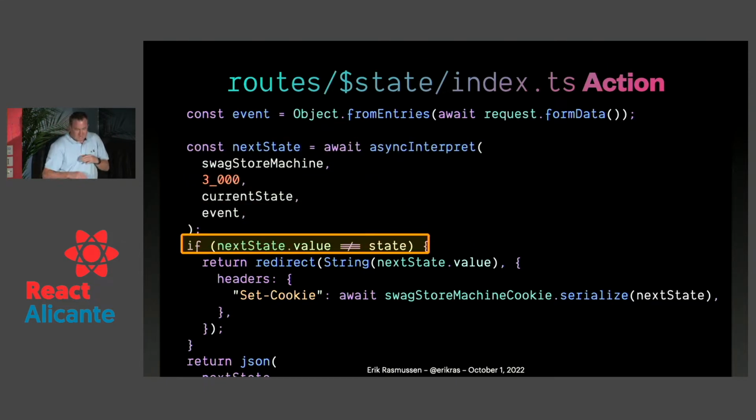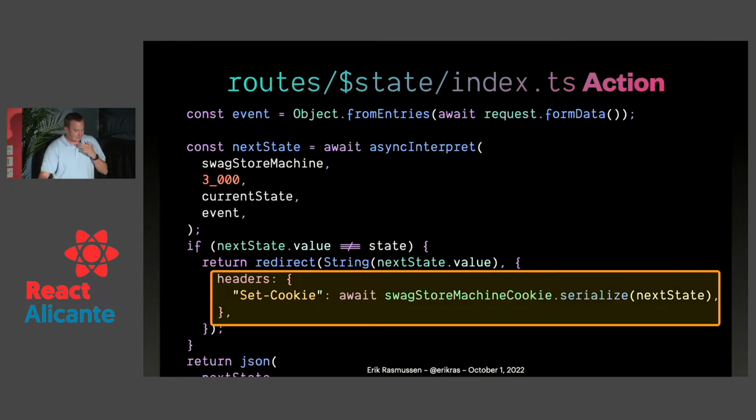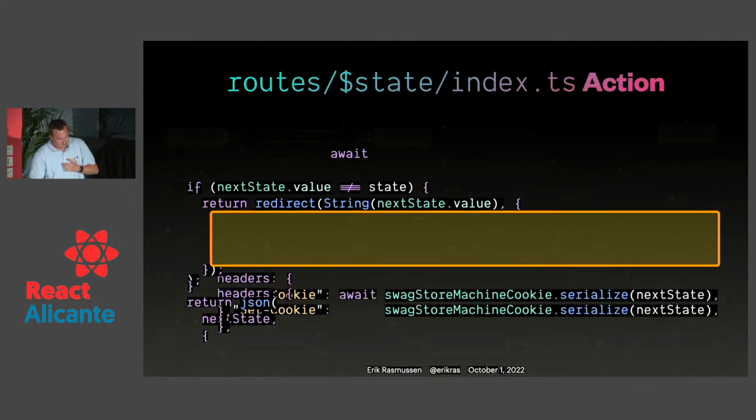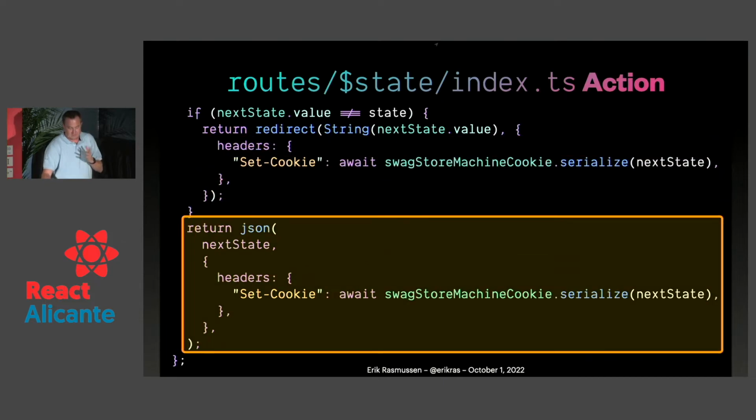And if our next state is not the same as the route that we think that we're in, then we're going to redirect to that route and save the machine as the cookie. Otherwise, we're already in the right route for that state, so we're just going to send back the state because not all events are going to change the state, the route that we're in, as you will see. Okay, and then we're going to send the cookie.